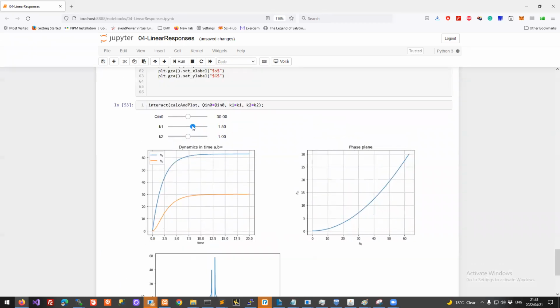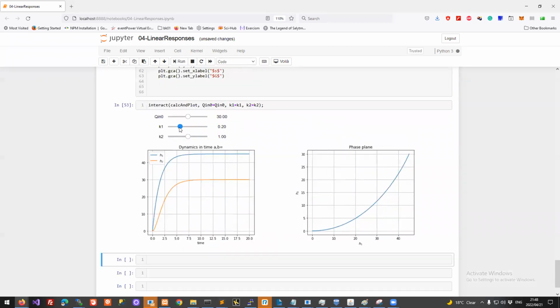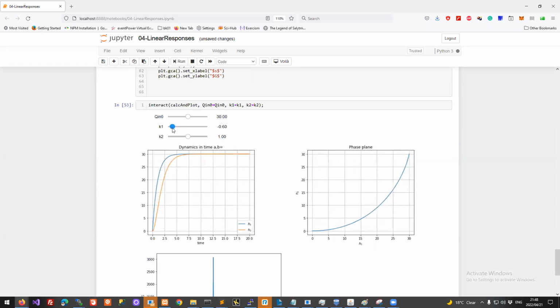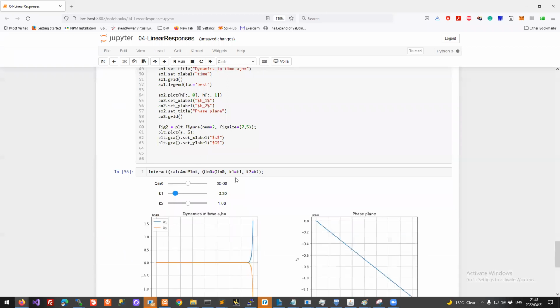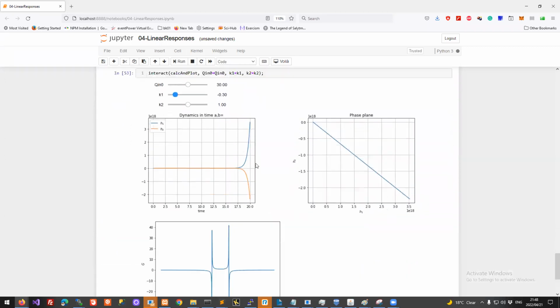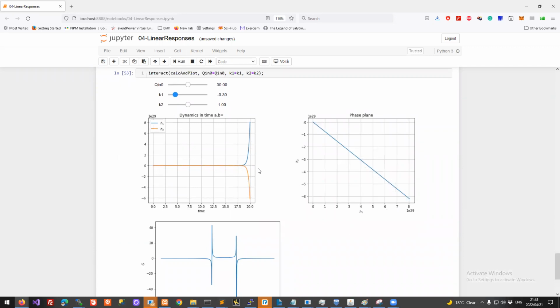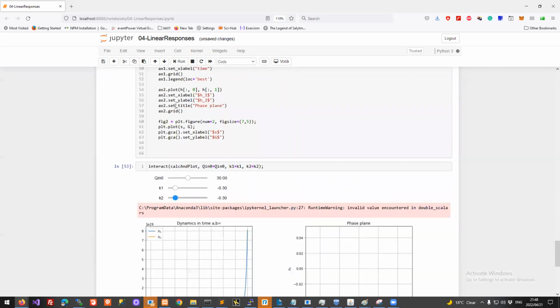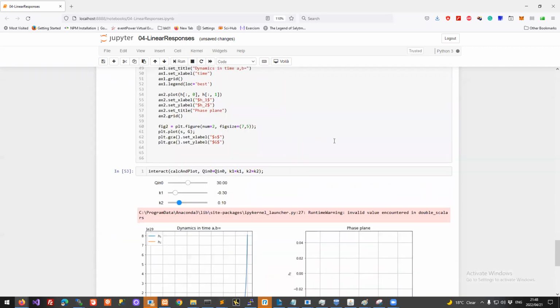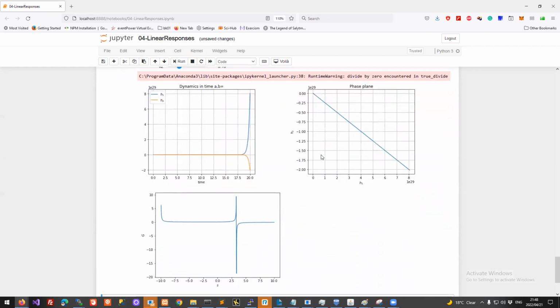And then if I start reducing this, then the two switch over. And now you see we are actually in an unstable region of operation. And so the stability of the process becomes challenged.